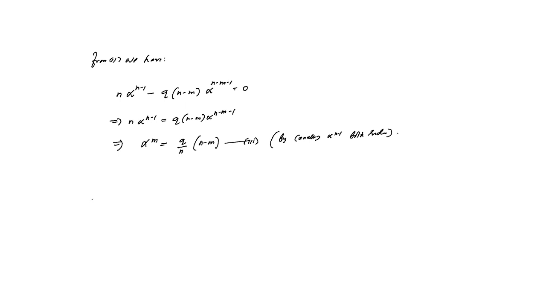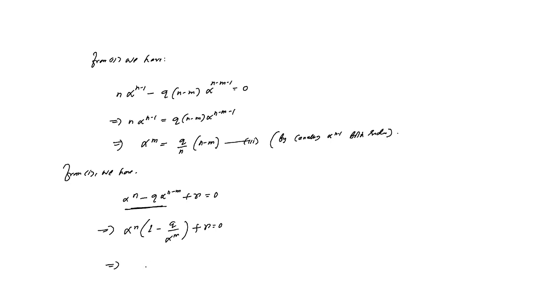Okay, again from 1 we have alpha to the power n minus q alpha to the power n minus m plus r equals 0. So here you just take the common alpha to the power n minus m. So alpha to the power n minus m times (alpha to the power m minus q) plus r equals 0.